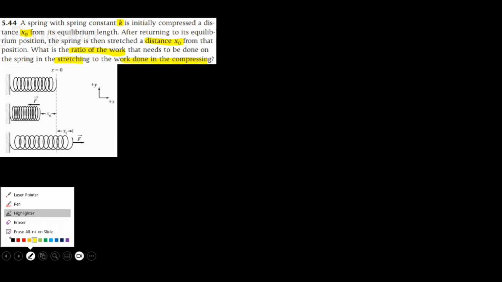So the question wants me to find the ratio of the work done when stretching the spring to the work done when compressing. We know that work done by the spring is half kx squared. This work depends on the displacement from the equilibrium position, which is my x.